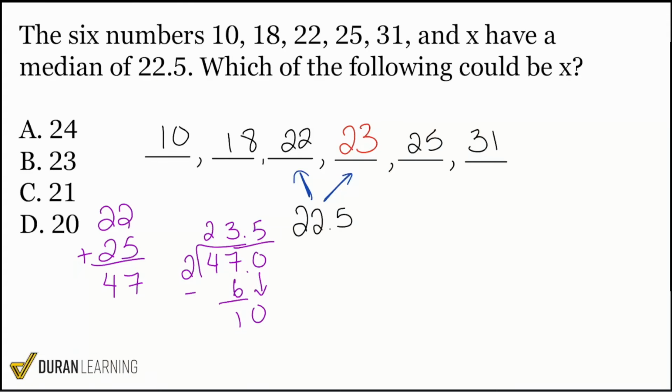This is about following the rules and the conditions that we're given, finding what number we can plug in to achieve that. We could not have anything under 22 because that would then push this 22 over here. And we know that if we're calculating the average between 22 and a number smaller than it, the mean would never go up to 22 and a half.